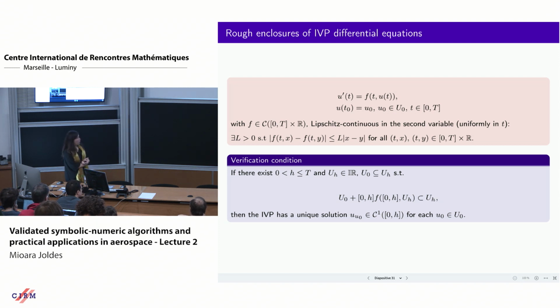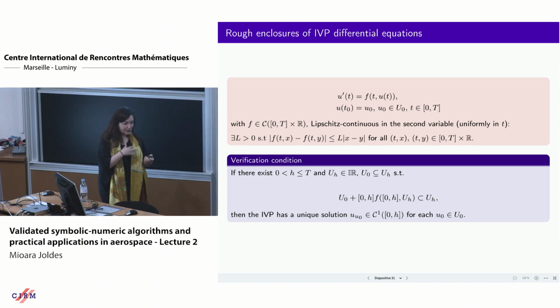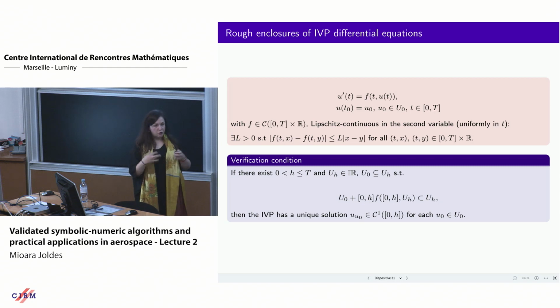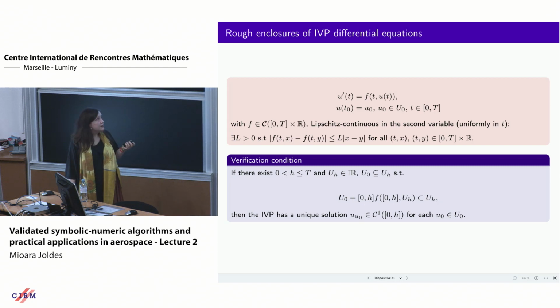So what we can do is just try with some sets and see if by miracle they are mapped inside. And the fact that we can make it a little bit computable, constructive, that is interesting. Otherwise, just classical ODE theory.